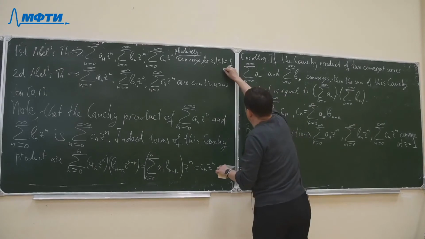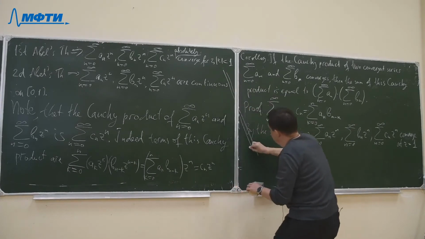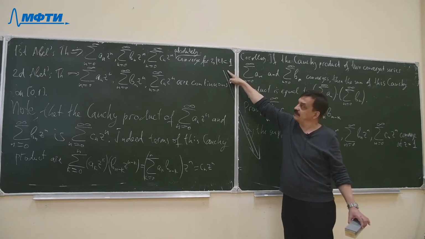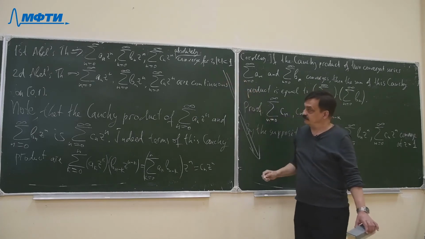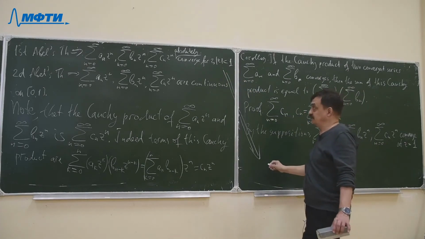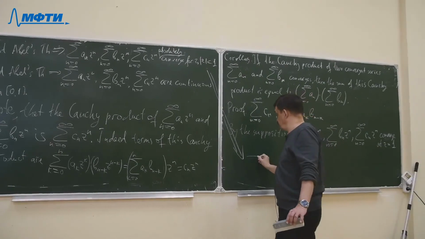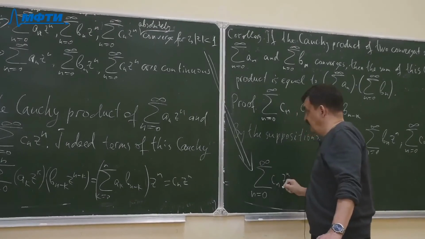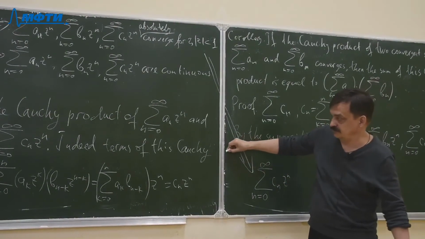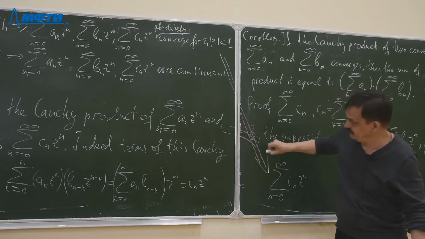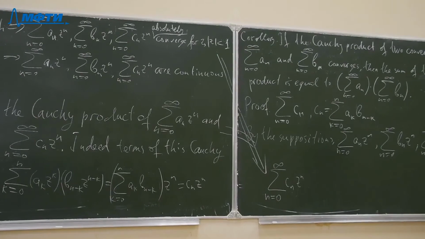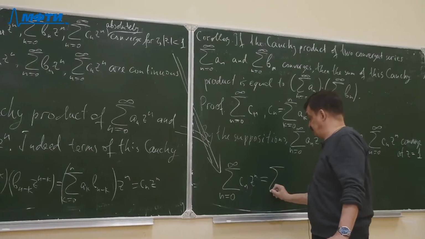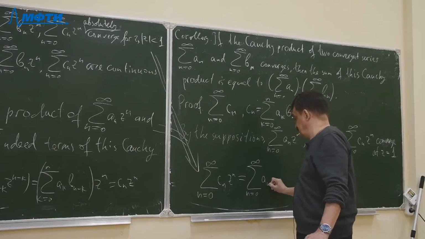So from the first Abel's theorem it follows that because of absolute convergence, the sum of the product, and of course I should also use that the Cauchy product is precisely c_n, is equal to the product of those two.